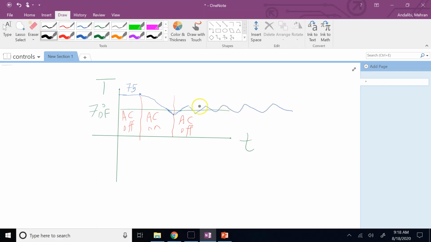It doesn't need to be symmetric necessarily about the ideal, but there is this region, which we call the dead zone, okay? The on-off controllers do not typically have the capability to exactly settle at this number and not let it change.